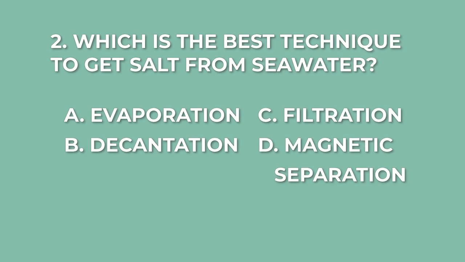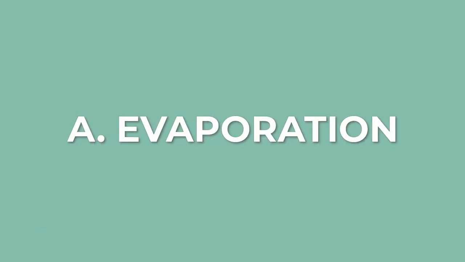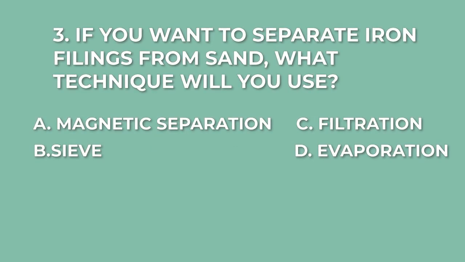Number 2. Which is the best technique to get salt from seawater? The answer is letter A. Number 3. If you want to separate iron filings from sand, what technique will you use?